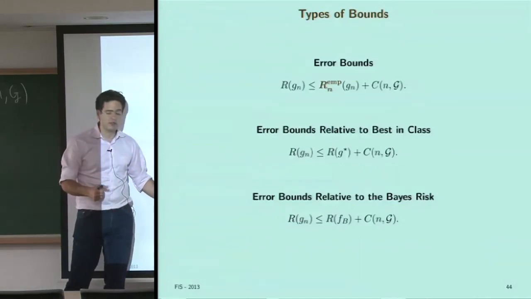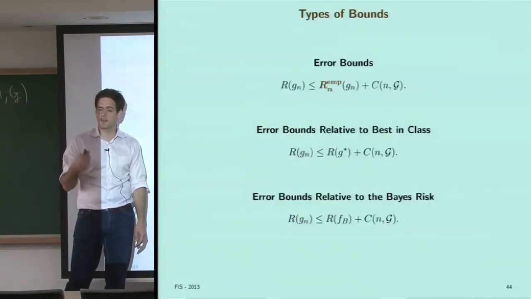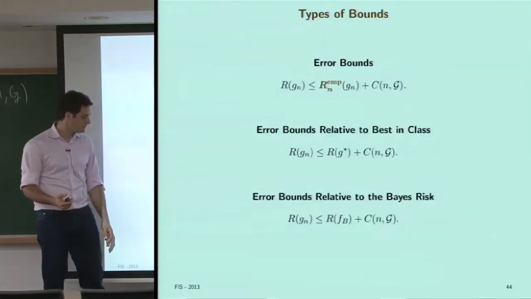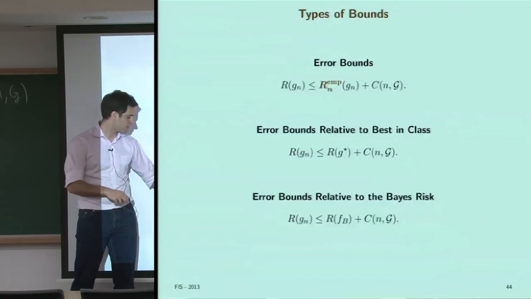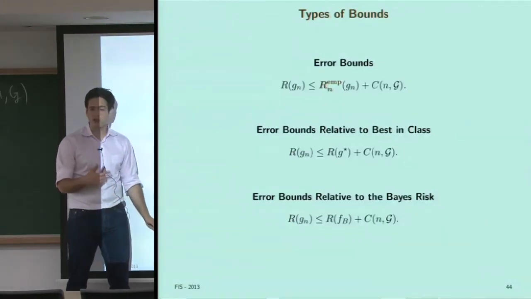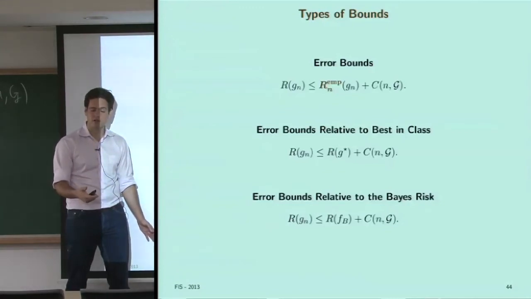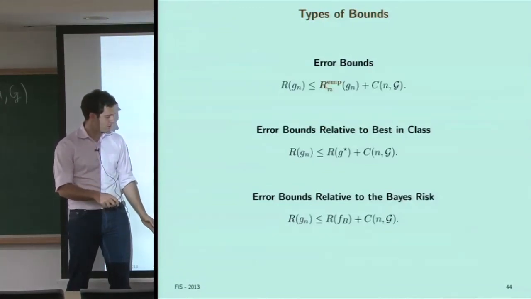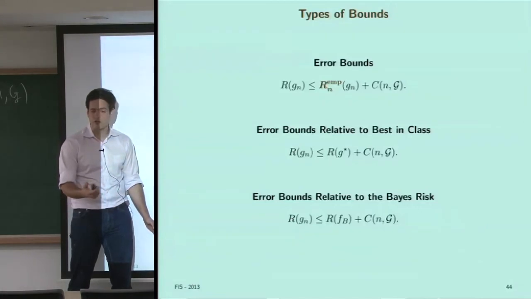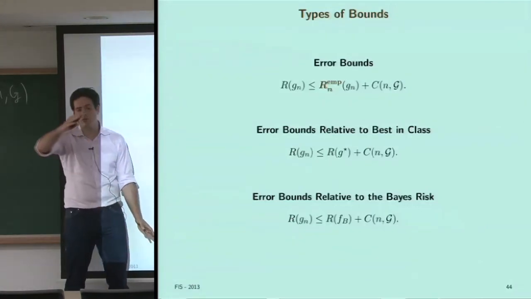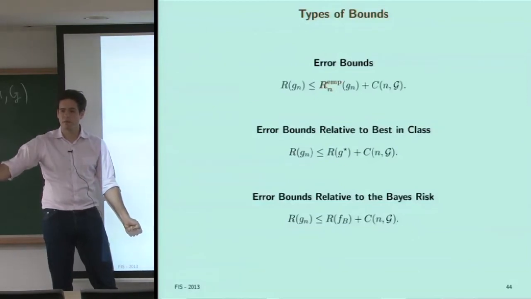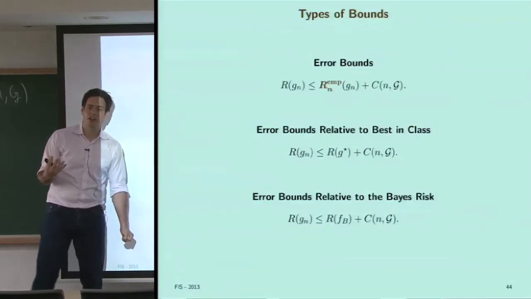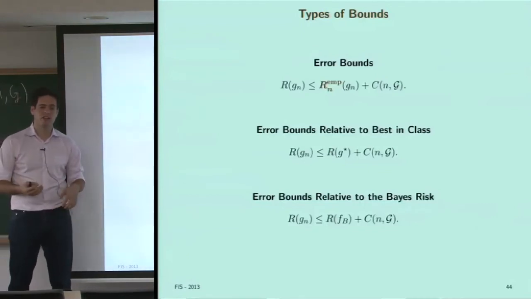The error bound relative to the base risk. Imagine that I give you an algorithm whose real risk, of g of n, is smaller than the real risk of the best possible function, the base risk, plus some constant which depends on n and on g, which would decrease very quickly with n being big. So I hope you understand the intuition behind the theory.